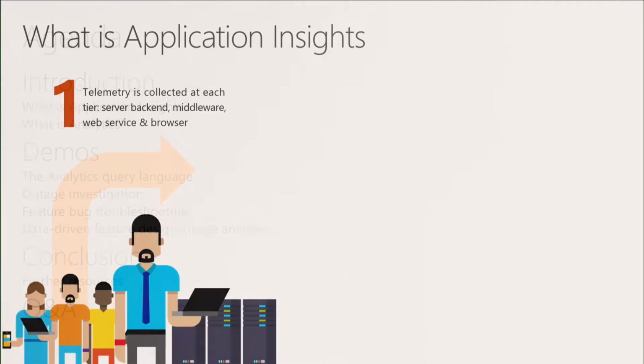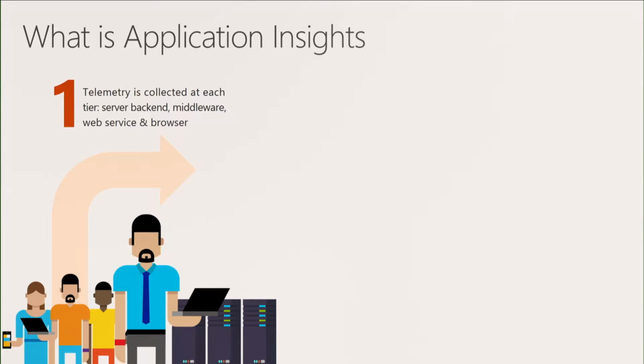Okay? Now, what is Application Insights? It is an APM and analytics service for your web apps and services built on any platform, any language, deployed on any infrastructure, be it on-prem or cloud. Now, I like to talk about it in three phases. The first one is data collection.